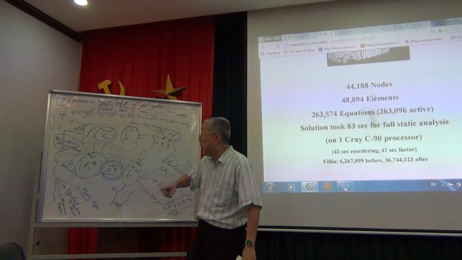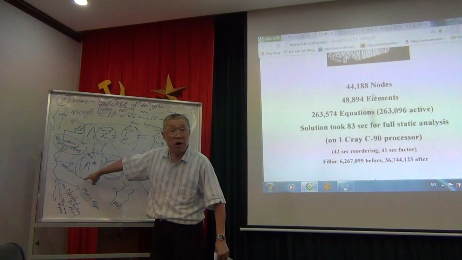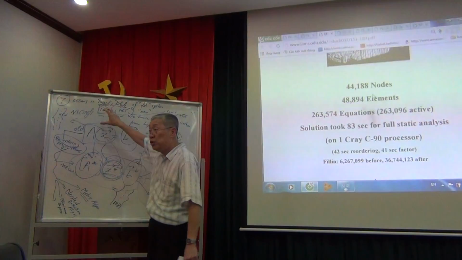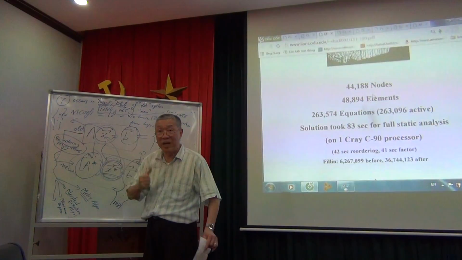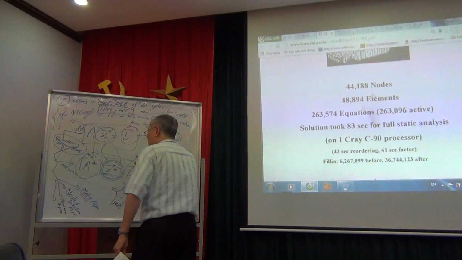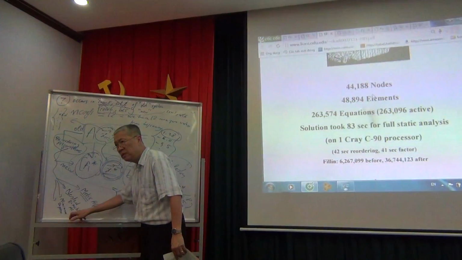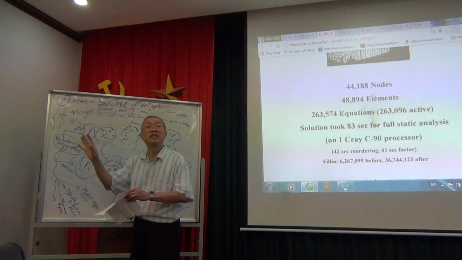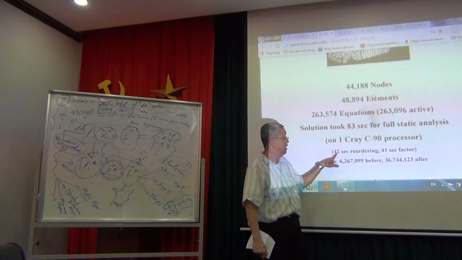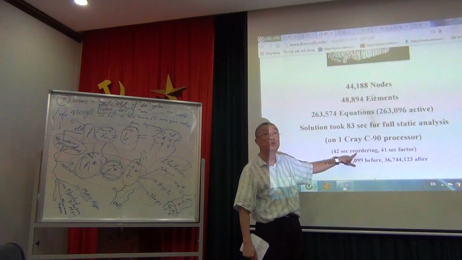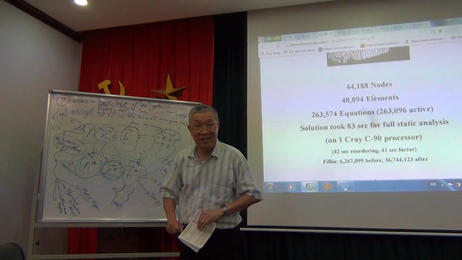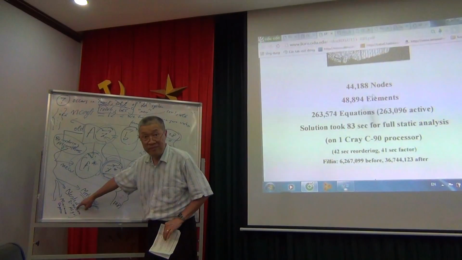But how about the extra cost to use his algorithm? Do you understand or not? Because to use his algorithm, it's not free. It will cost you something. But the good news is this. If you apply these algorithms, of course you have to spend some extra time. Let's say 42 seconds to do the reordering. This is the extra cost when you apply his algorithm.